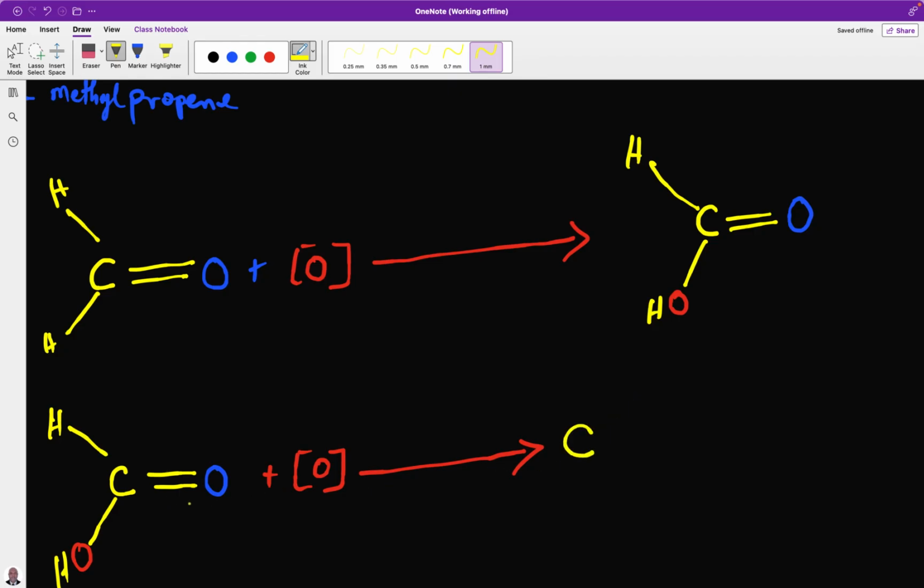The carbon dioxide is this, and this one. That's the carbon dioxide. Let me put it like this.